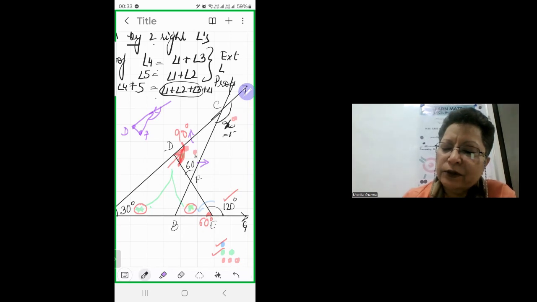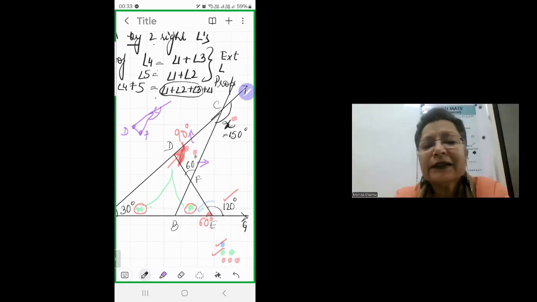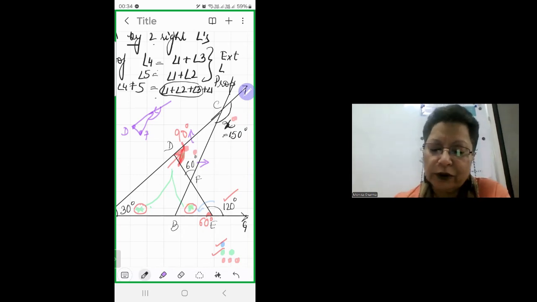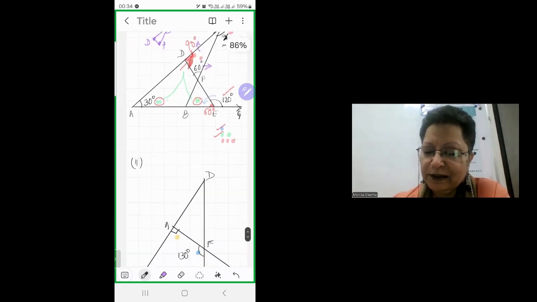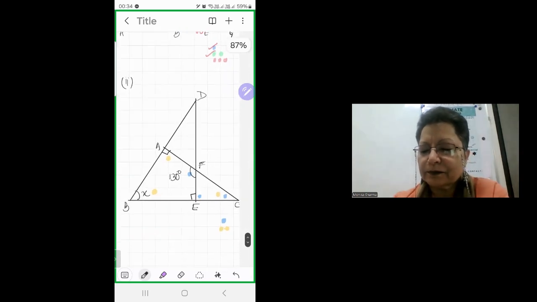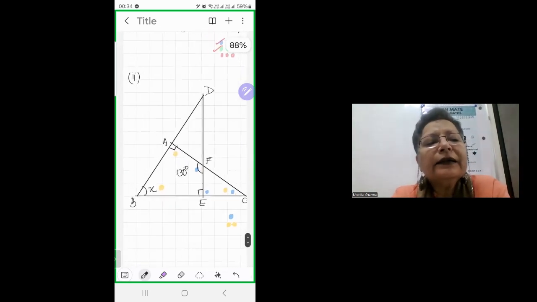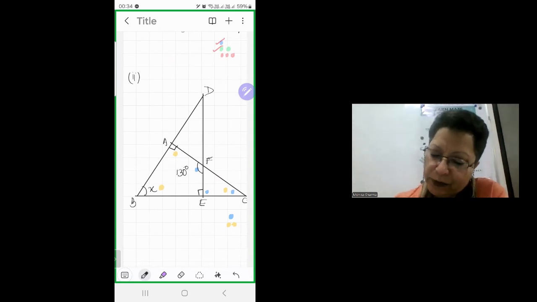So, step by step, you shall be able to reach the answer in a very, very simplified way. You do not need to get bogged down. Let's have a look at another question. Here again, you've been given certain things and you need to find out your X. There is a triangle ABC, which is right angled at A. You can see that it's a right angle at A, right?